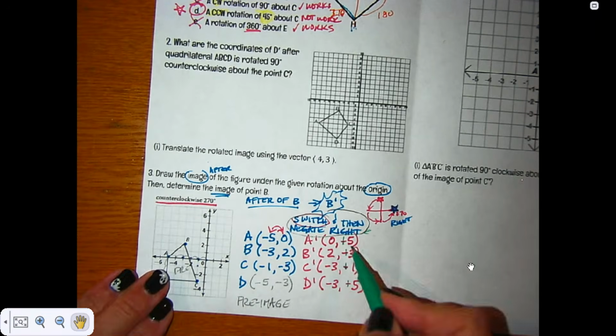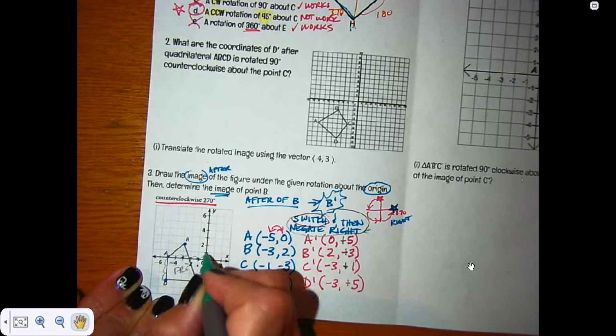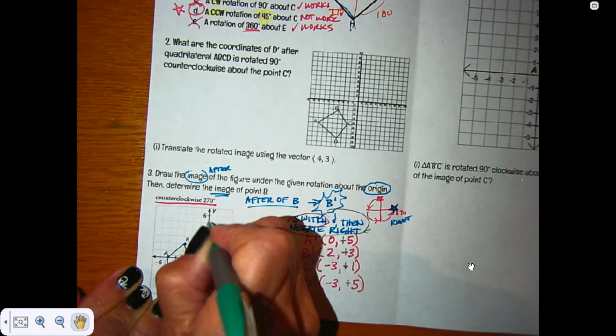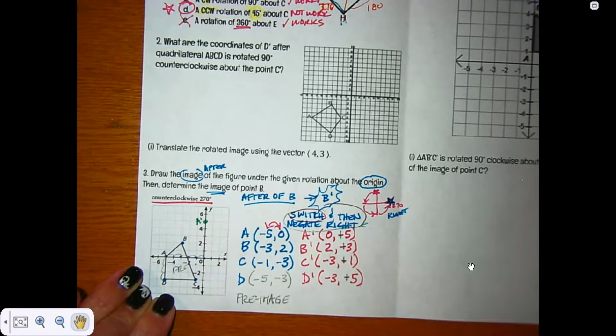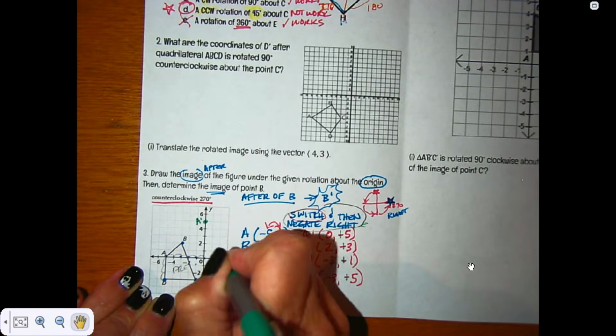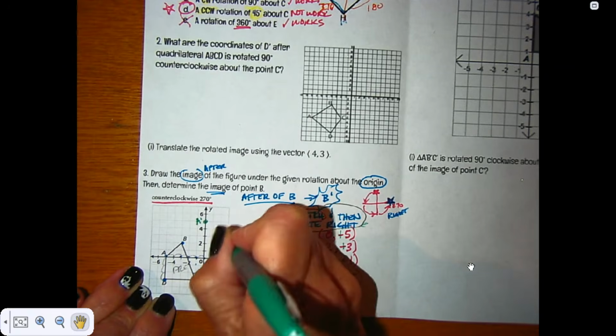Now I need to find all of these on the graph. It says to draw the image, so I need to. Okay, I'm going to do it in this green. 0, 5. That means I travel to the right 0, just up 5. 1, 2, 3, 4, 5. So this is going to be my A prime. B is 2, 3. So that means to the right 2 and up 3. 1, 2, 3. Boom. That is going to be my B prime.